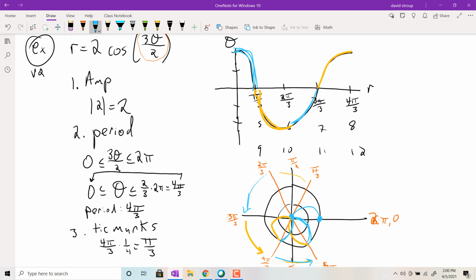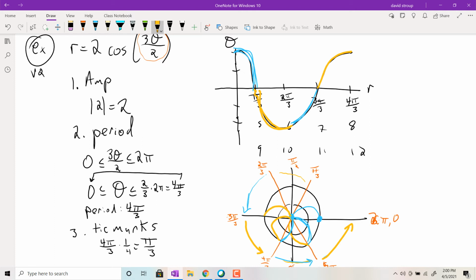And then 5 pi over 3 to 6 pi over 3, I'm on the negative side, and I'm on yellow. 5 pi over 3 to 6 pi over 3, I'm actually over here. So that will go back like this. Okay.